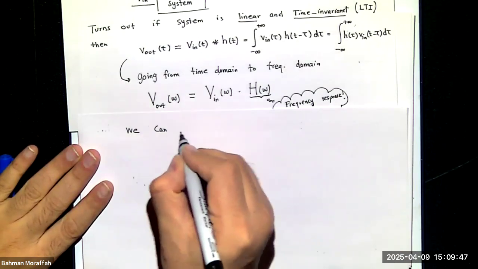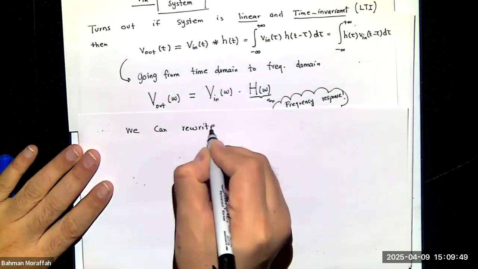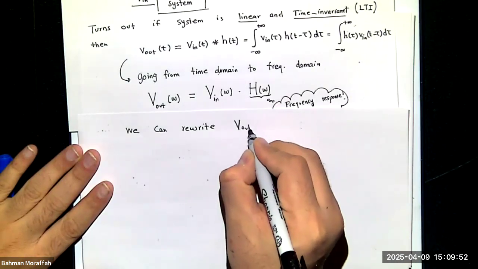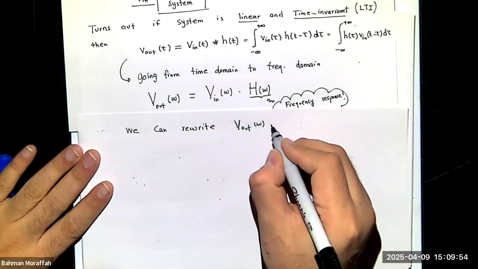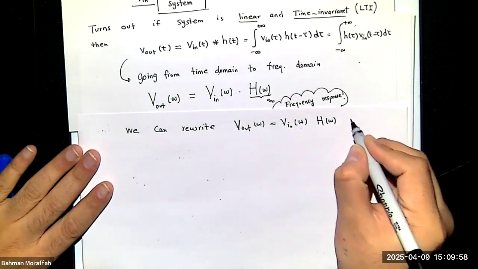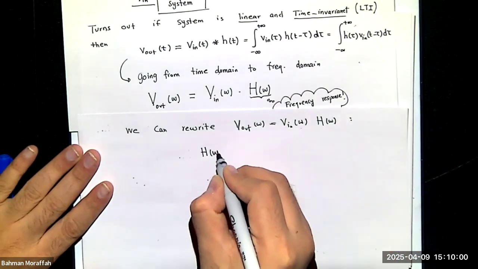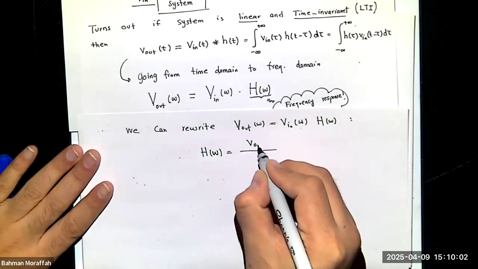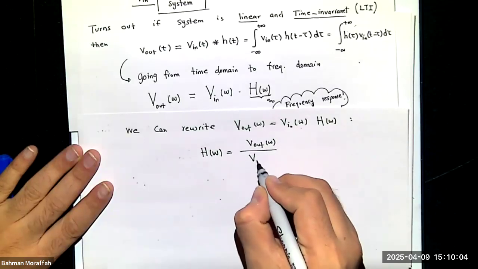We can rewrite V out as a function of frequency equals V in of omega times h of omega, and get h of omega equal V out of omega divided by V in.